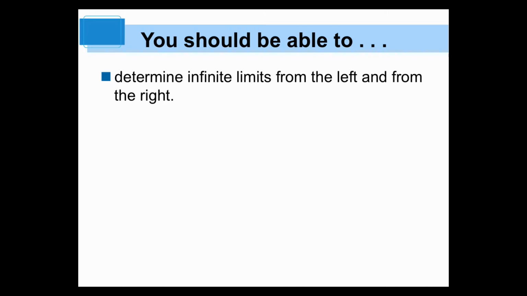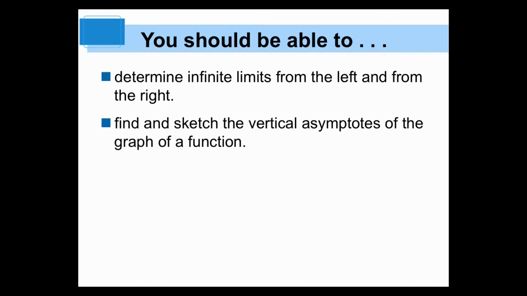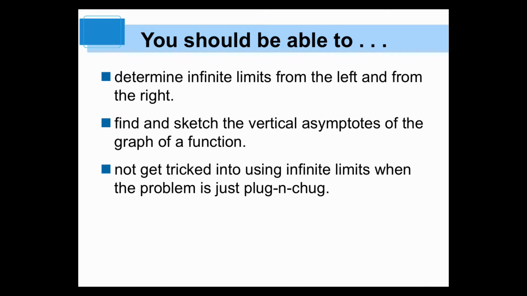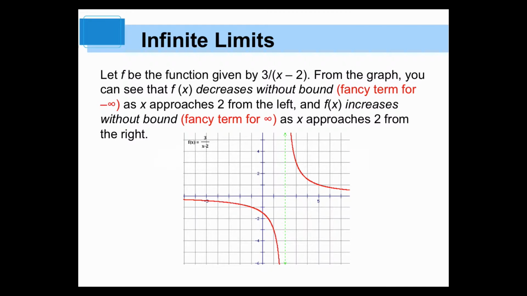Left hand and right hand side as you approach an asymptote we're going to be looking at. You need to be able to sketch an asymptote, or at least figure out where you draw the asymptote. And then, most importantly, not get tricked into using an infinite limit when it's just a plug and chug. Okay? So let's start with this.